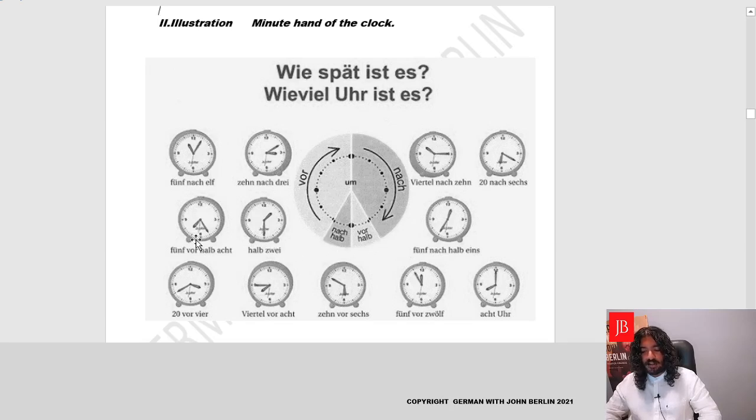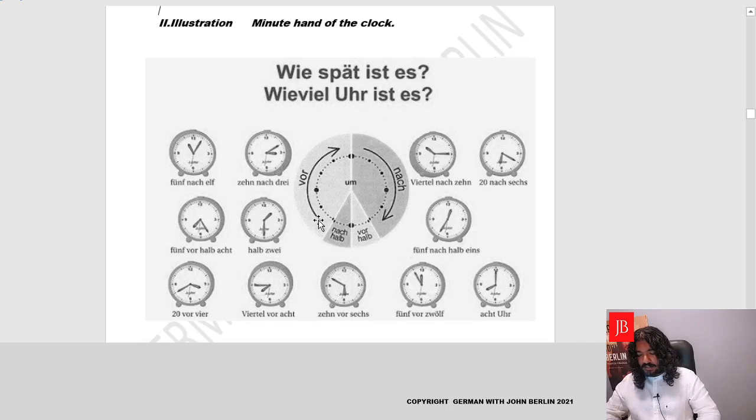You can't start saying 10 vor halb 8. Then you would rather say it is 7:20, which is 20 nach 7. So it's only for 5 minutes on both sides of the 30-minute mark that you could refer to the half time and say it's 5 past half time, 5 before half time.